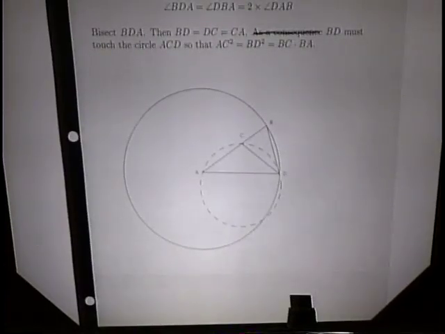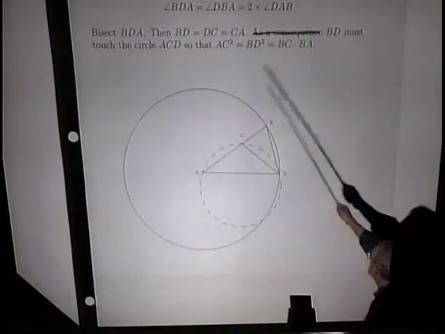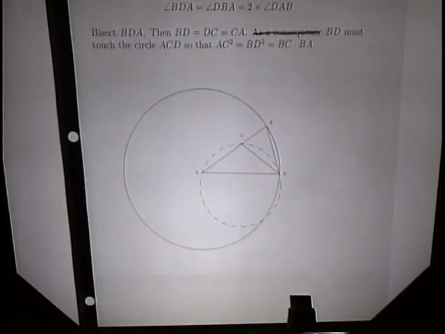So that, as a consequence, is an indication that I lost track of the logic. It shouldn't be there. Why must BD touch the circle? Well, we don't have any reason.